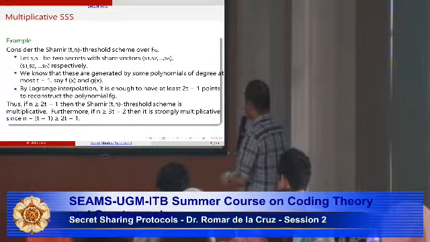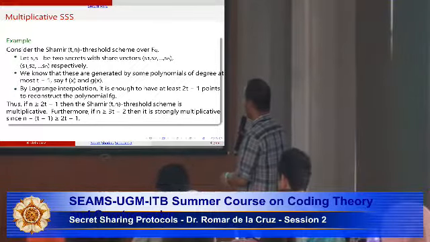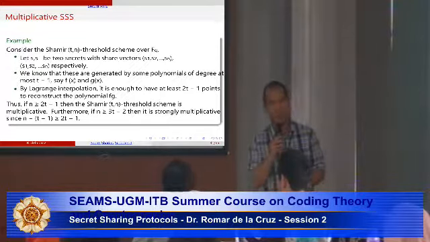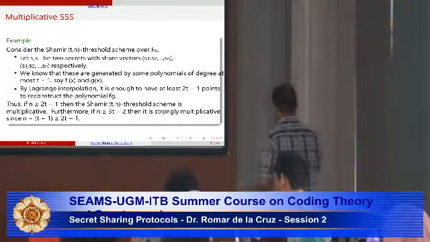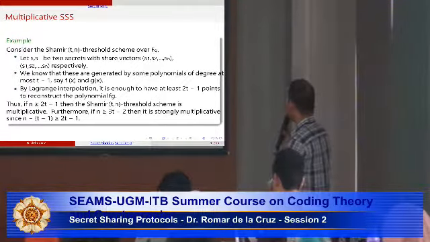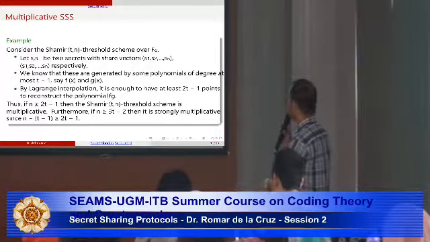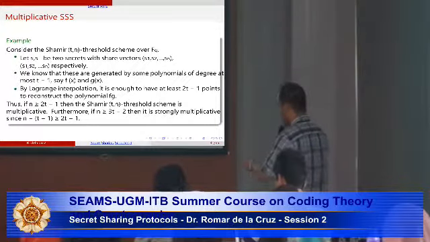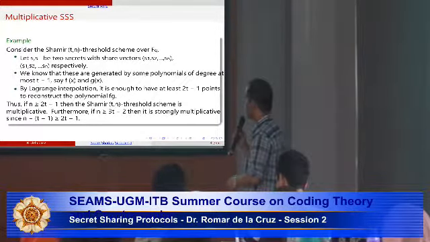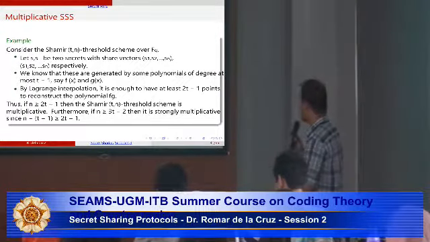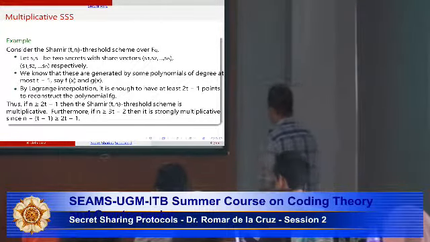Since f and g have degree at most t minus 1, the degree of the product is at most 2t minus 2. So if you have at least 2t minus 1 points, you can reconstruct the product of the two polynomials. So that's why, if n is greater than or equal to 2t minus 1, the Shamir scheme is multiplicative. And if n is greater than or equal to 3t minus 2, it is strongly multiplicative.